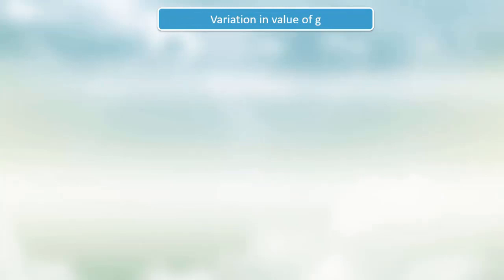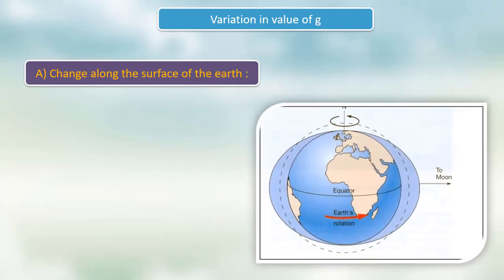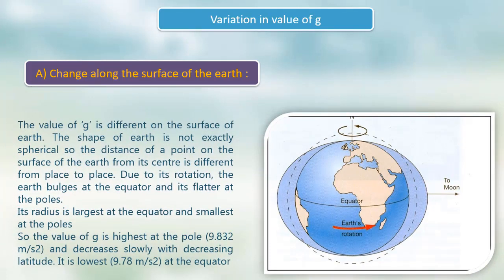Variation in value of g. First, change along the surface of the earth. The value of g is different on the surface of the earth. Means here the value of g will be changed. The shape of the earth is not exactly spherical.